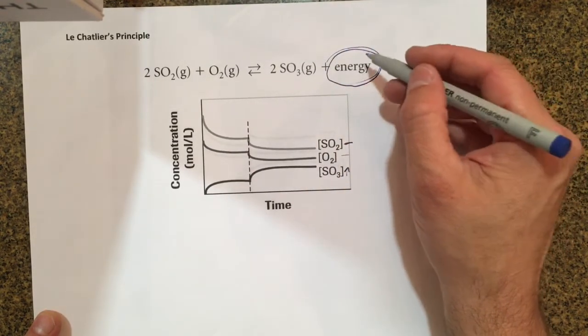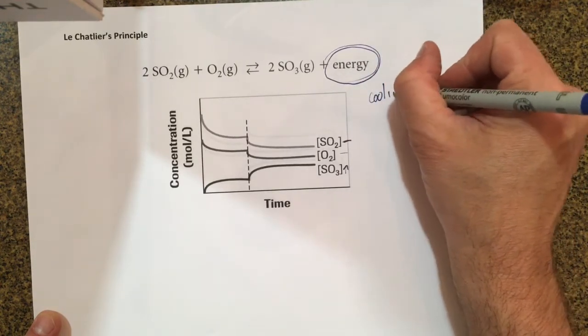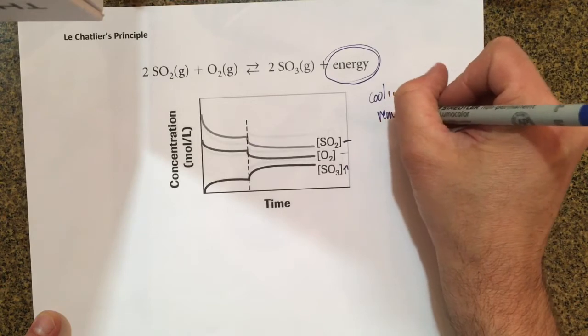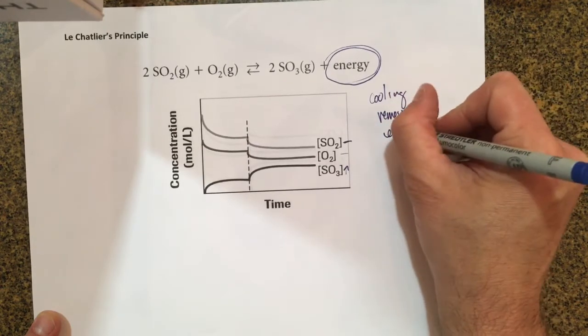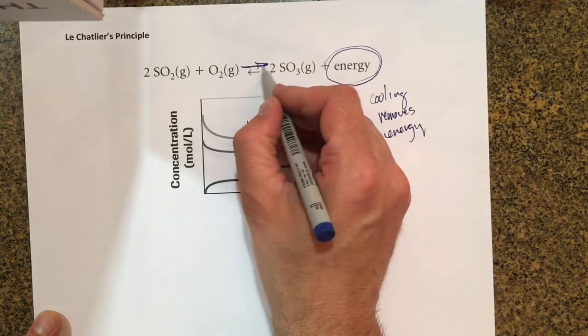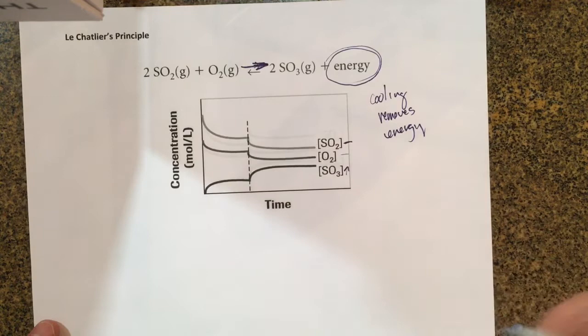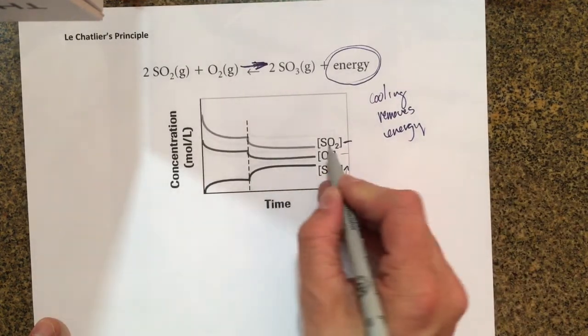The system is being cooled, because cooling removes energy, and it's going to force the reaction to replace that energy, and it will increase the forward reaction until it makes a new equilibrium and flattens out.